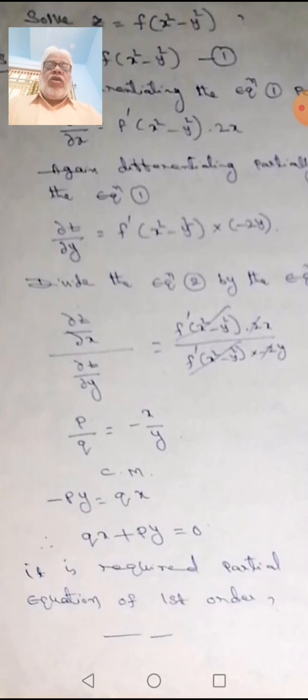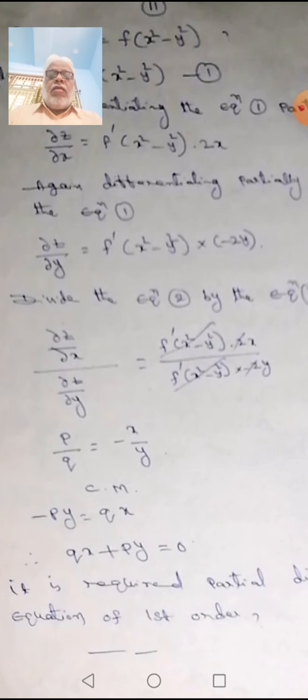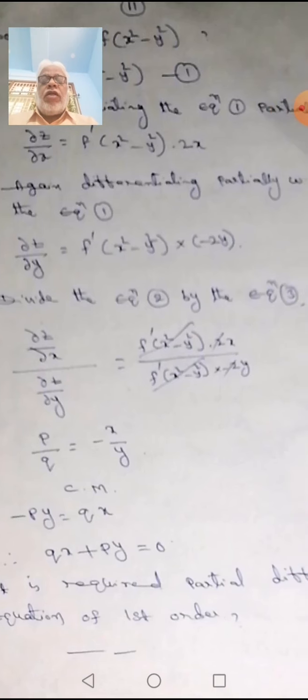The internal derivative of x square minus y square with respect to y partially is minus 2y, because the derivative of x square is 0 and the derivative of minus y square is minus 2y. So dou z by dou y we got f dash of x square minus y square into minus 2y.